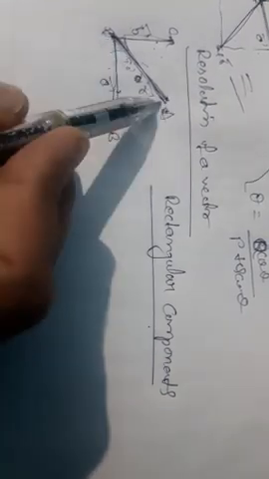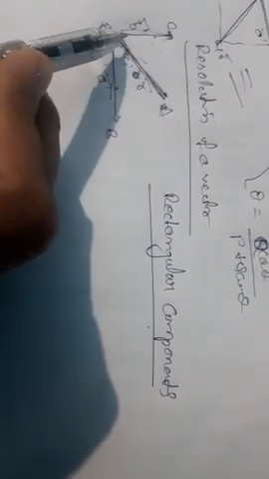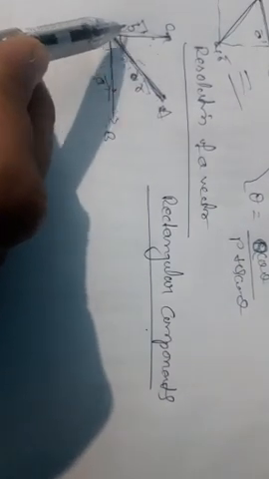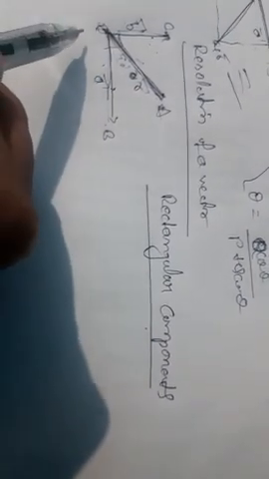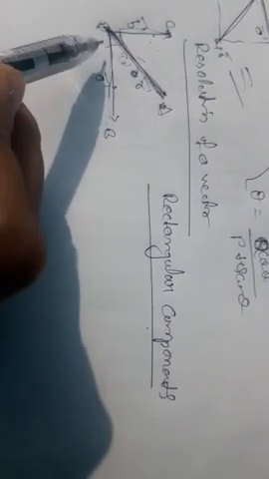That means the vector is resolved into two different components, mutually perpendicular to each other, one along the x direction and another along the y direction.